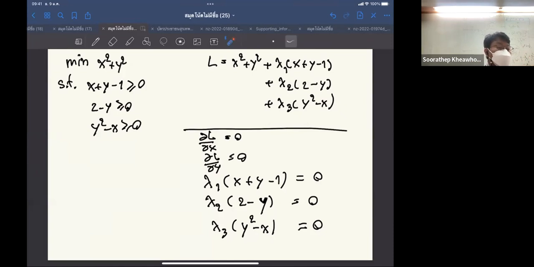This condition we call the KKT, Karush-Kuhn-Tucker condition. If we know the extreme points, of course we test them. If any point satisfies the KKT condition, we can call it an extreme point.